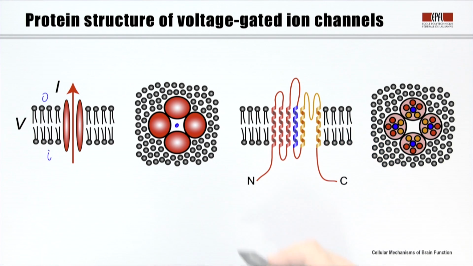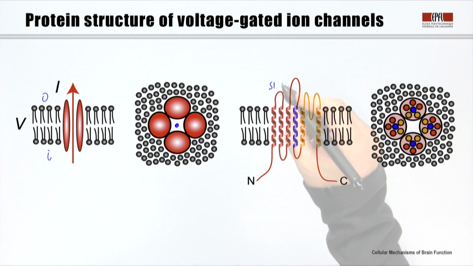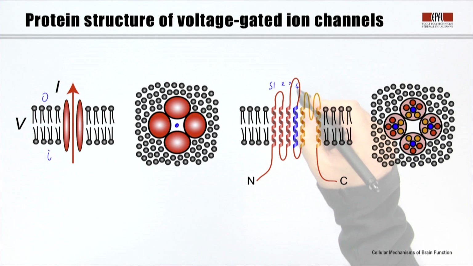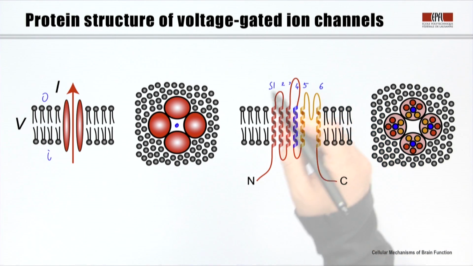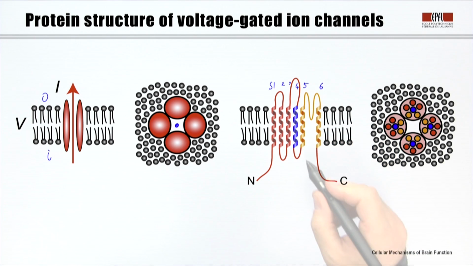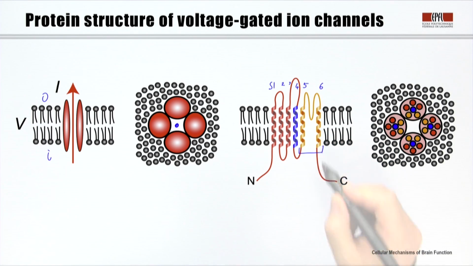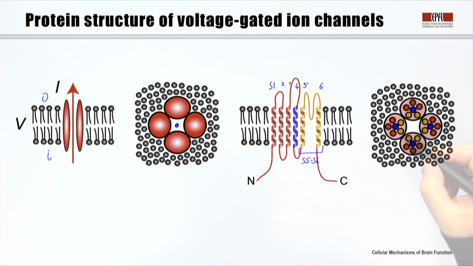Here you see an example ion channel with the typical 6 transmembrane alpha helices. We have alpha helix 1, 2, 3, 4, 5, and 6. There's a color coding of these transmembrane alpha helices, and you'll see that there's a yellow part here composed of S5 to S6, and that turns out to form the pore lining region of the ion channel.